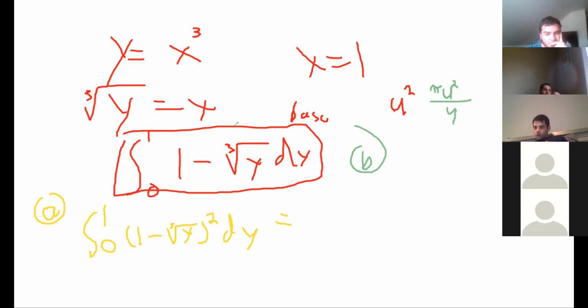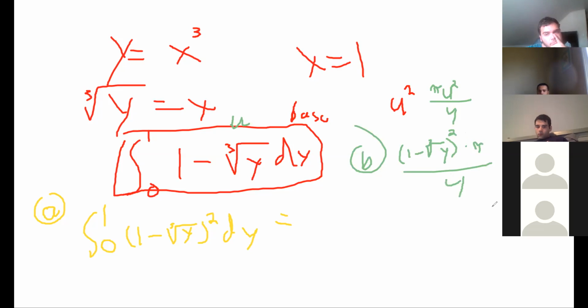And remember the bases are u in this case. So again, 1 minus cube root y, close parenthesis squared times pi over 4.